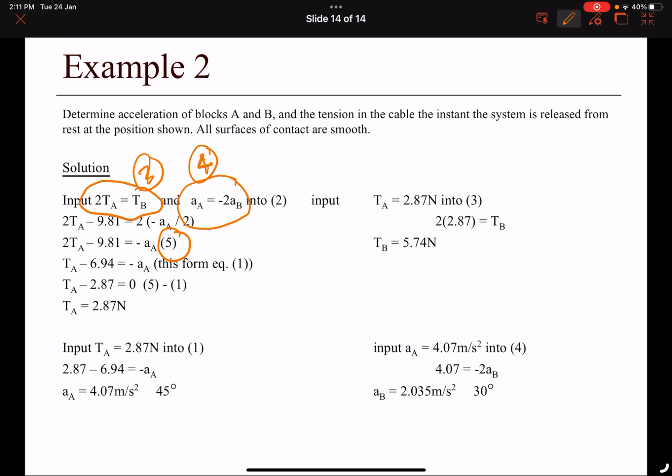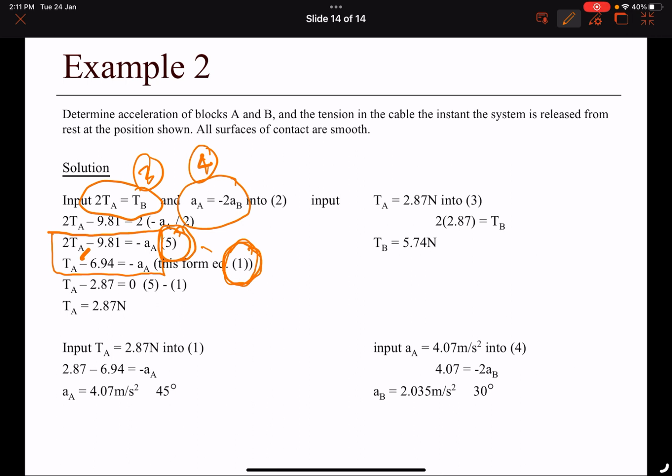From this equation, you have the same unknowns, which are TA and AA. Equation number 1 also has TA and AA, and equation number 5 has AA and TA. So you solve these two equations by elimination.